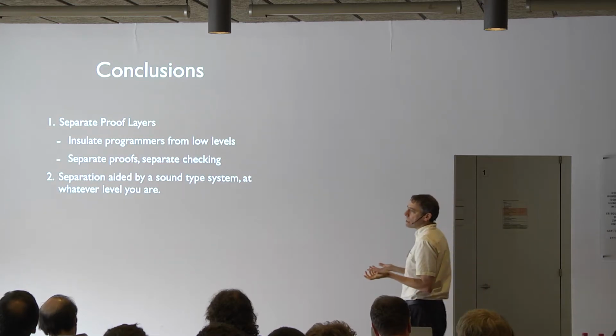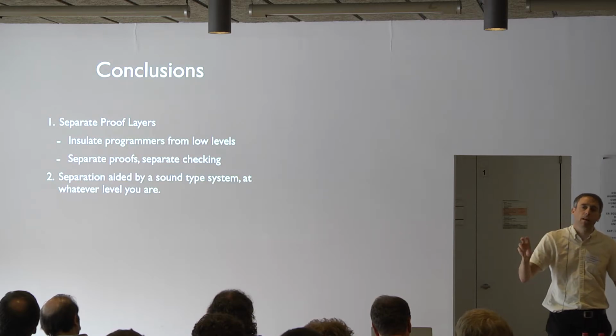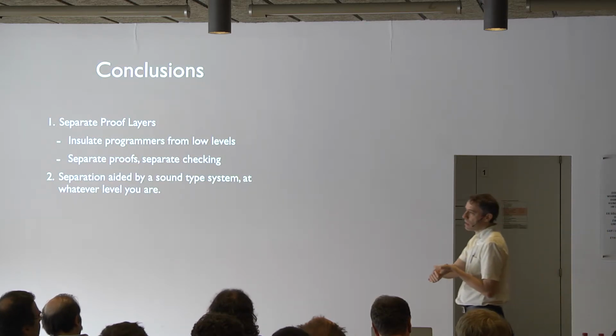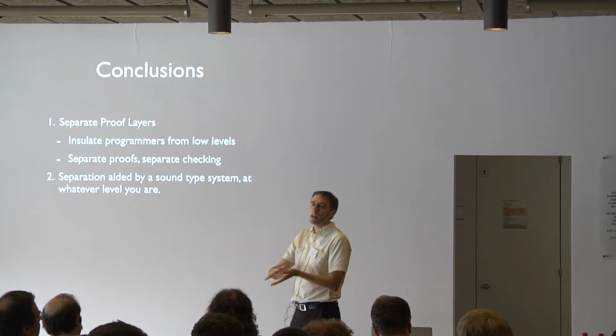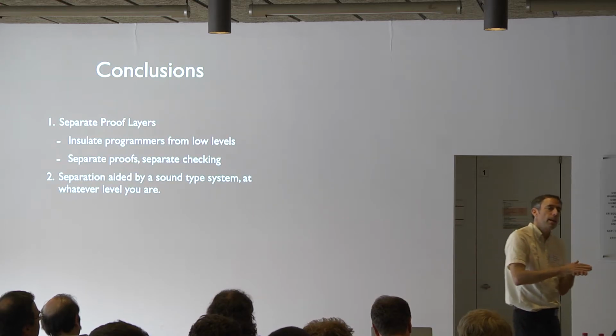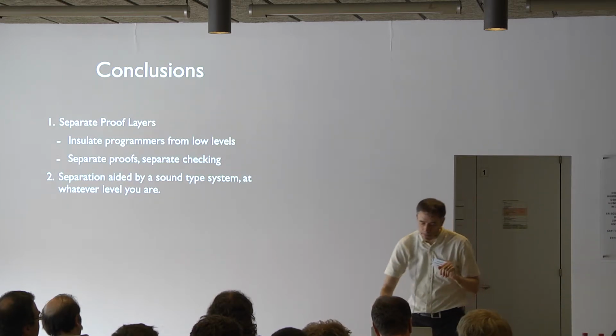This separation is aided if you have type systems that are proved sound at any particular level. For example, the machine model proved we had soundness if we didn't have write key errors. That means the permission system only needs to worry about write key errors, and the type system only needs to worry about permission errors, which means a programmer only needs to worry about type errors.